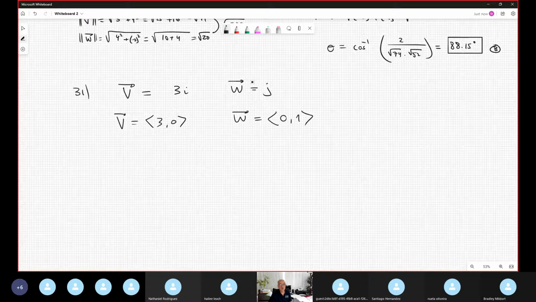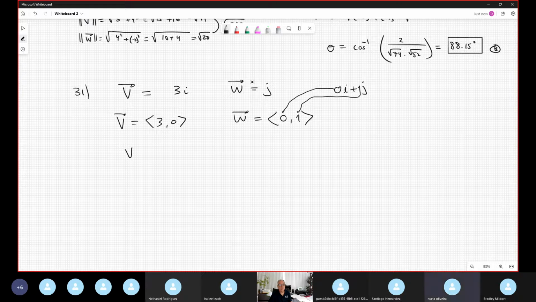Do you understand this or no? No? Bueno. Where did the 0 and 1 come from? j alone is equivalent to 0i plus 1j. 0 is 0 and 1 is 1. Okay, I got it.